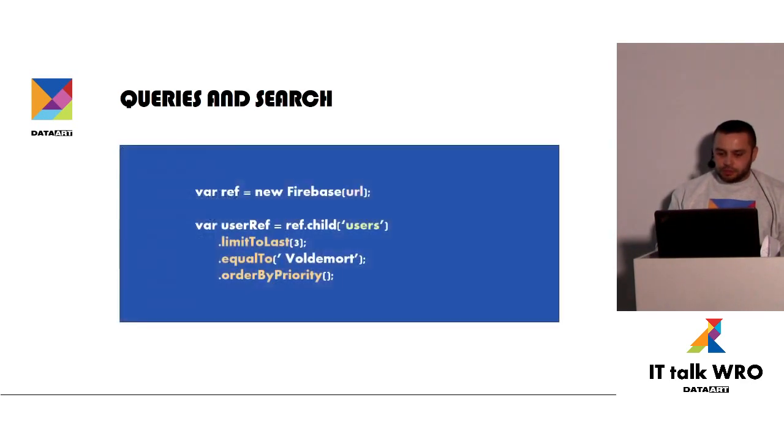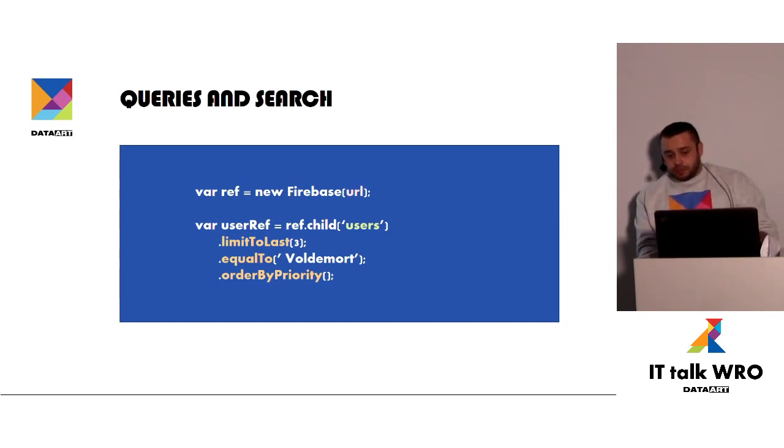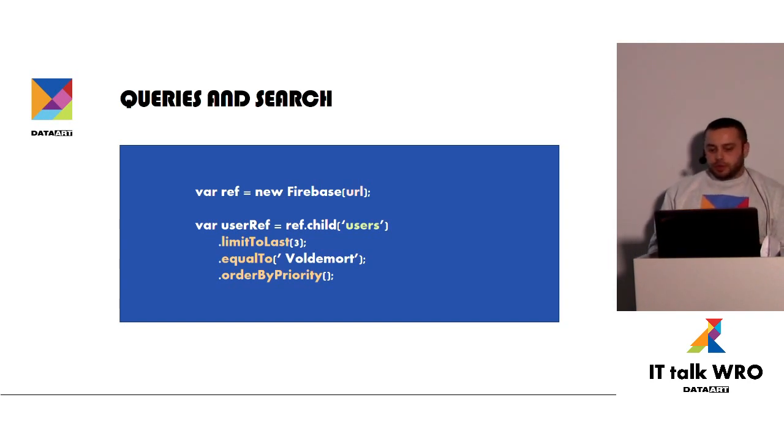Pretty much the same with Firebase. In this example, I combined a few filters. I took the last three elements which are equal to Voldemort, and prioritized them. So this is how you query Firebase.